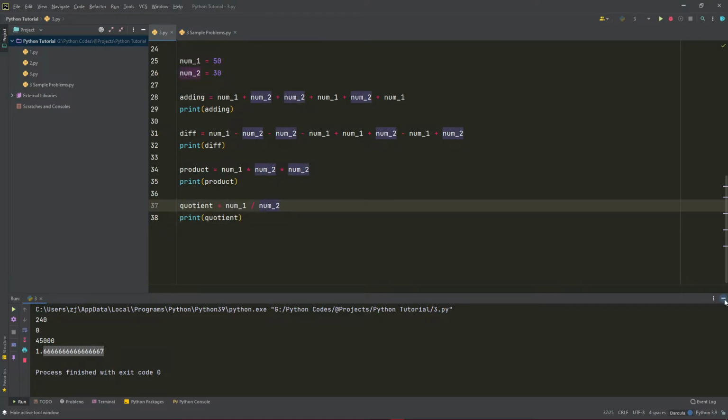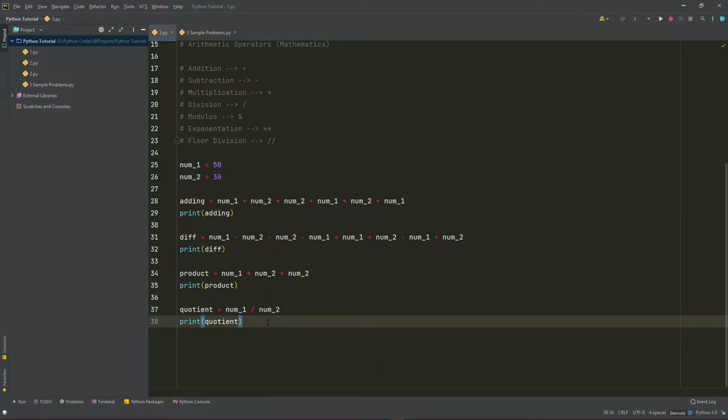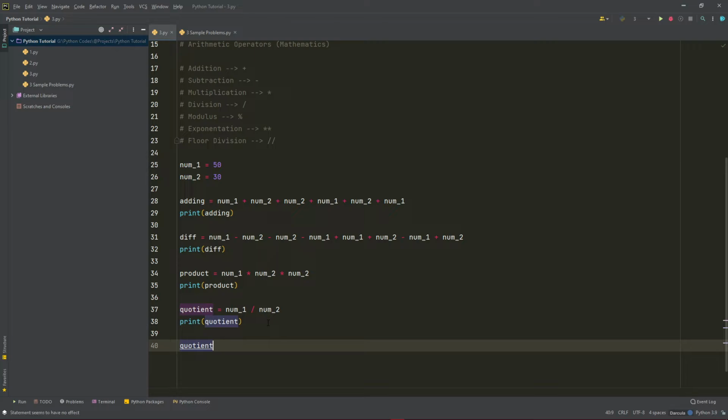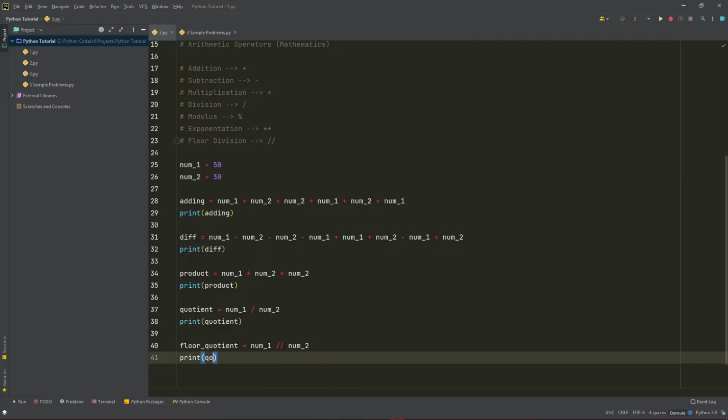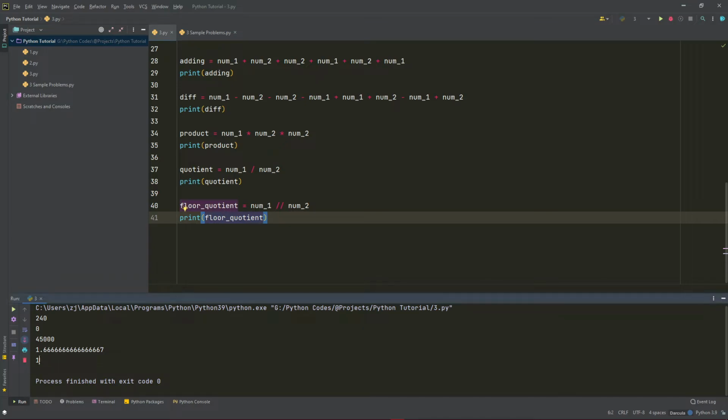Okay, now, how about we basically have the quotient or the floor quotient? Now, we're going to use the floor division here, which uses double slash. So, if we print this alongside these results that we gathered earlier, we have 1.